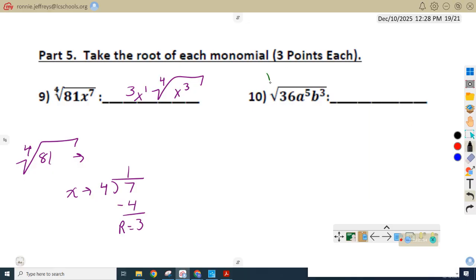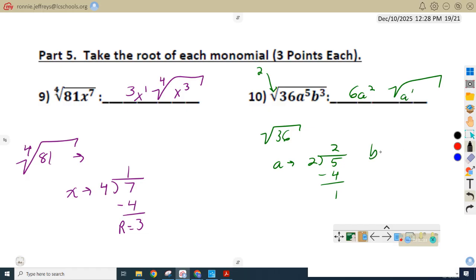All right. What is understood to be right here? 2. That has been the thing that's been catching people all this whole time. All right. So for my A, how many times will 2 go into 5? Well, that goes 2 times, with a remainder of 1.